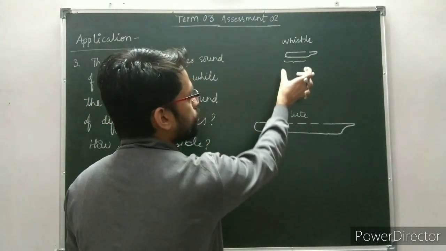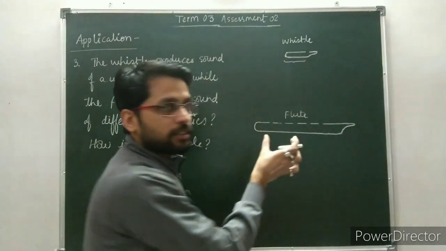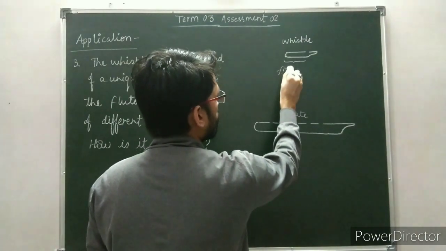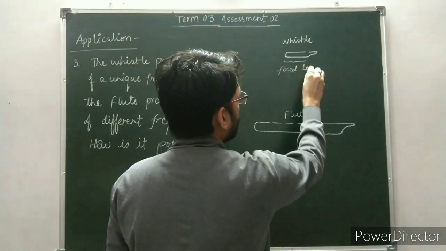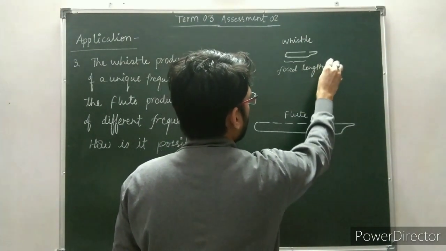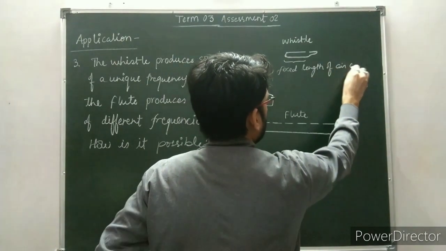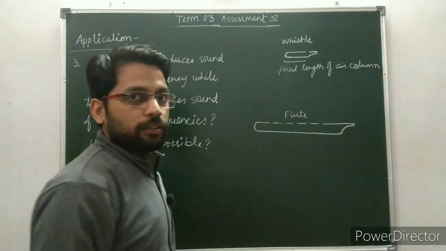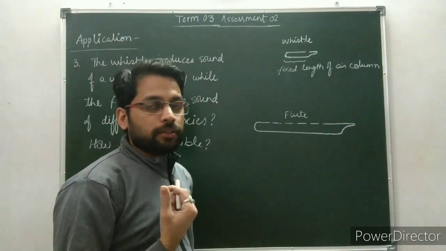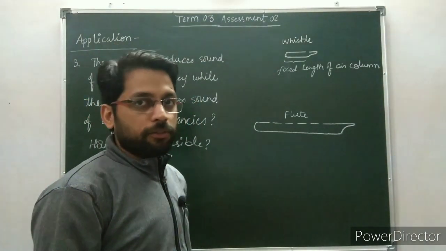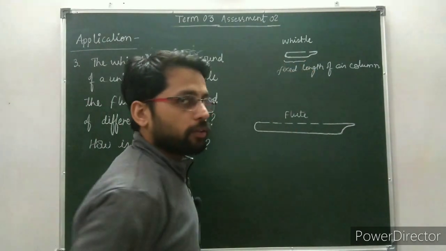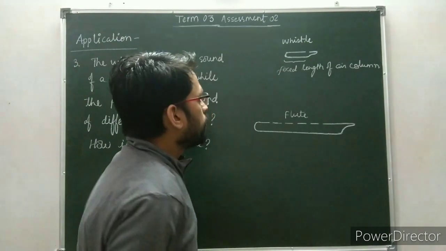So the whistle has a fixed length of air column. Hence the whistle produces sound of a unique or fixed frequency, because the length of the air column is fixed.